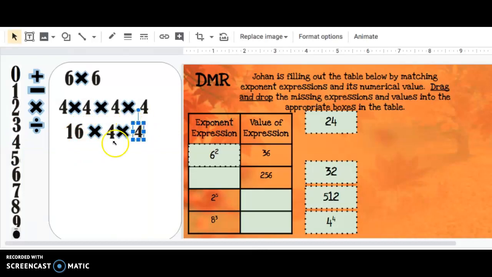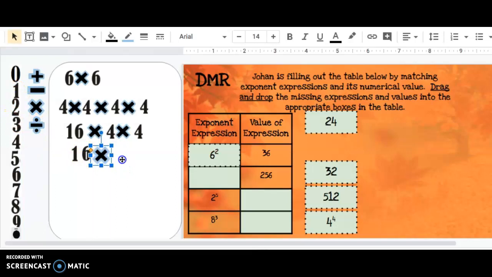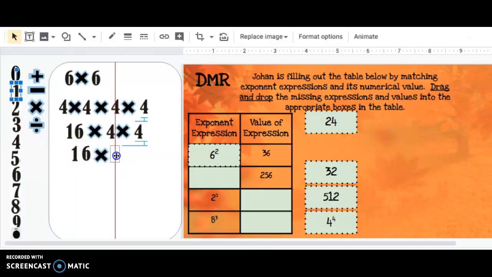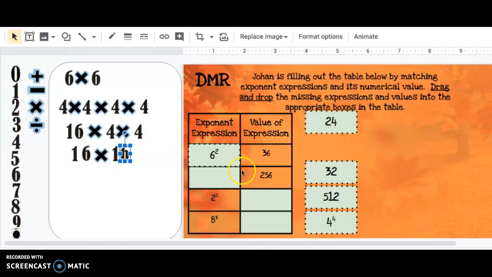Now you can also group these 2 4s and get another 16, so then you can have 16 times 16. And 16 times 16 is 256.